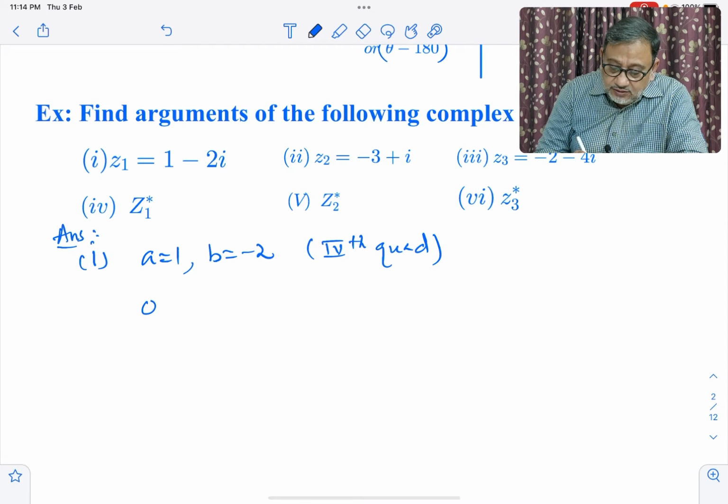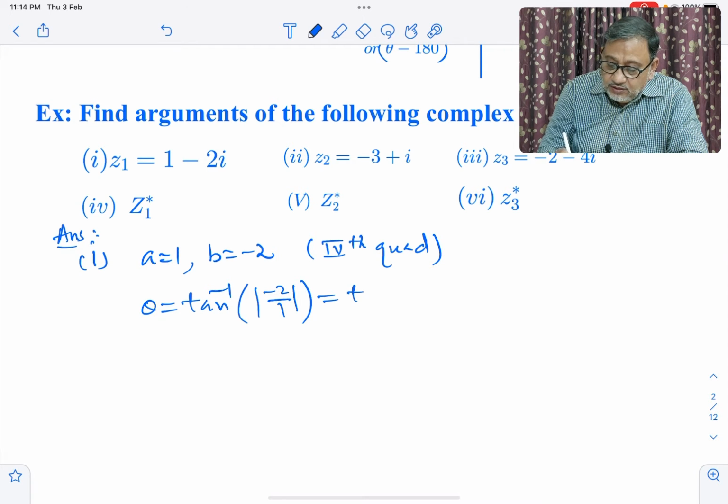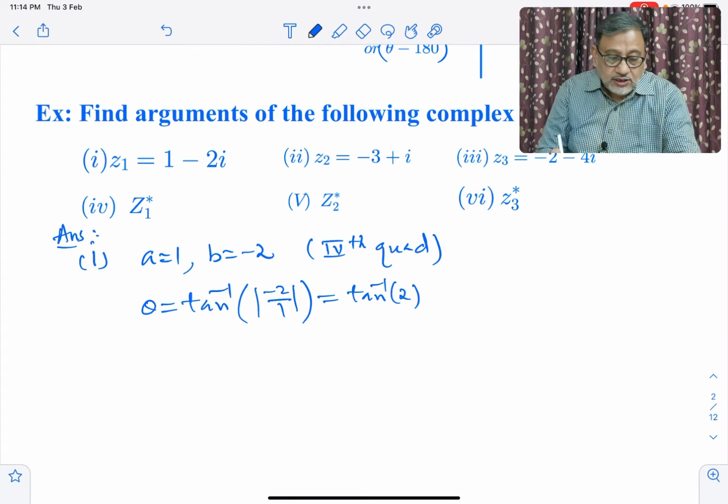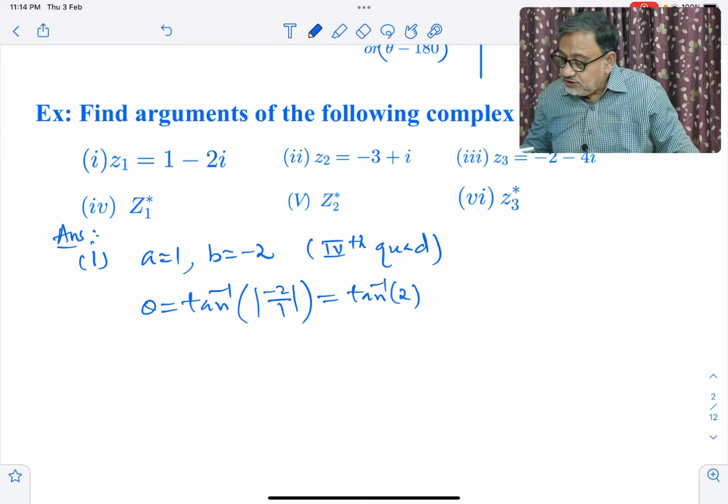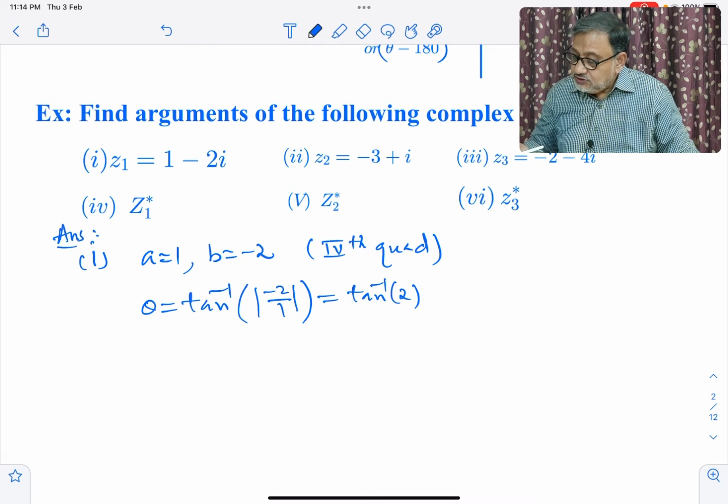And then theta is tan inverse of, we will not use of course the negative sign. So negative 2 by 1, which is tan inverse of 2, and let me find tan inverse of 2. I am using degrees for your convenience, just so that you understand it. Tan inverse 2.